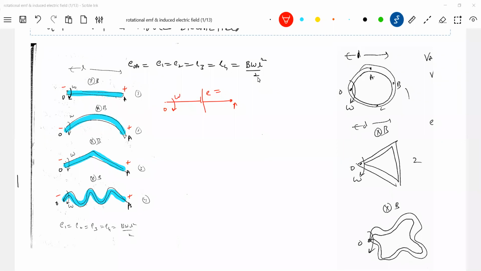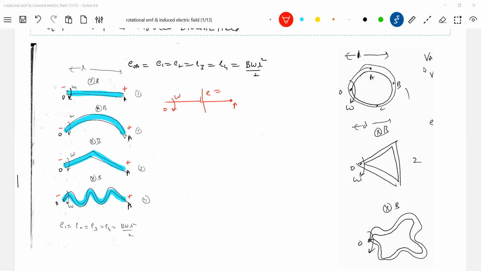So the net displacement of the charge particle from O to A will be equal to L only. Again, go back to the same formula. What we got was electric field E equal to V into B, then E equal to dV by dr. What is dr? Dr should be the effective length. The integral will be of R dr, so there you have to put the effective length. Or else take the cross product, the scalar cross product formula, and integrate, and you'll get the same answer.